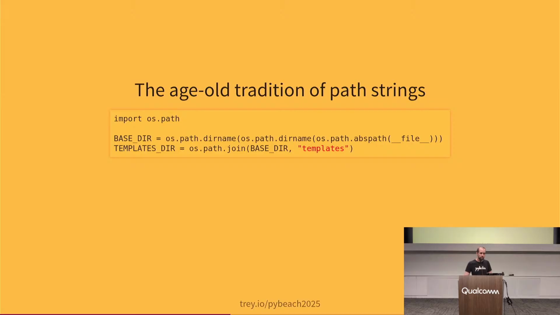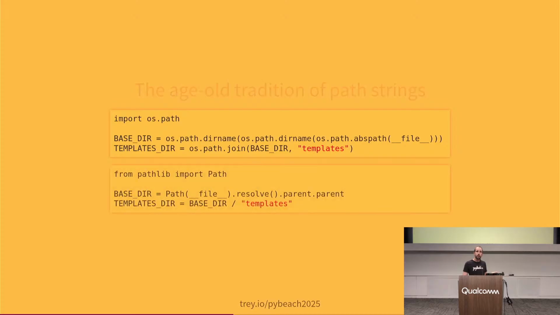As we've discussed, old Python code always used strings to represent file paths. This was the norm. I would argue that this is stringly typed code, though. There is a better way to write this code, using the Path class from Python's pathlib module.